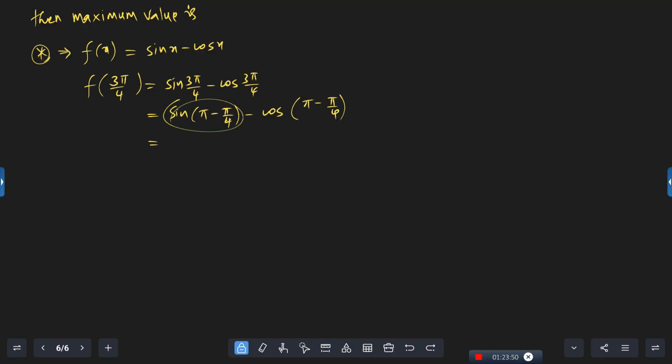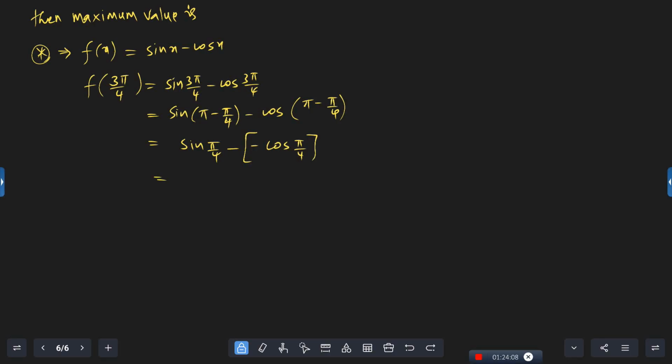In the second quadrant sin is positive, so it comes as it is. Pi means no change, so pi by 4 comes as it is. Cos will be negative in the second quadrant, so it will be minus cos pi by 4.